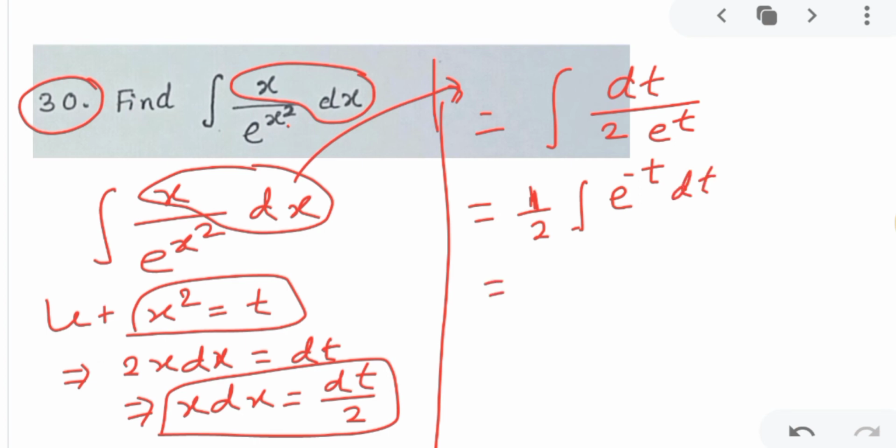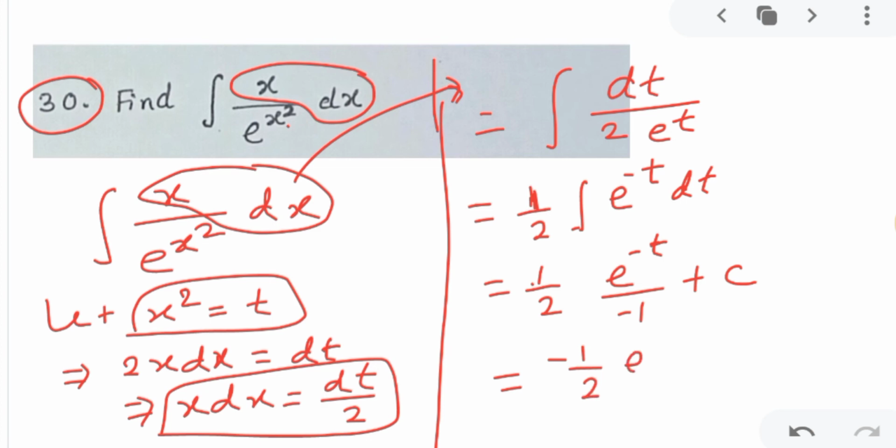And now I will find the integration. The integration is e to the power minus t divided by minus 1, plus c, the free constant. If I simplify this, it is minus 1 upon 2 into e to the power minus t.